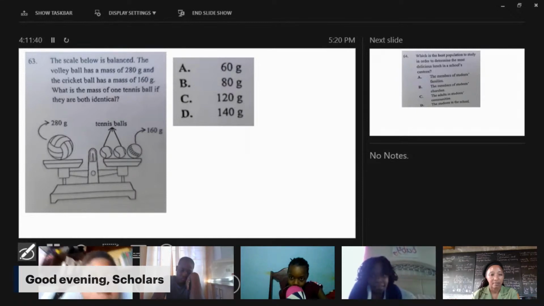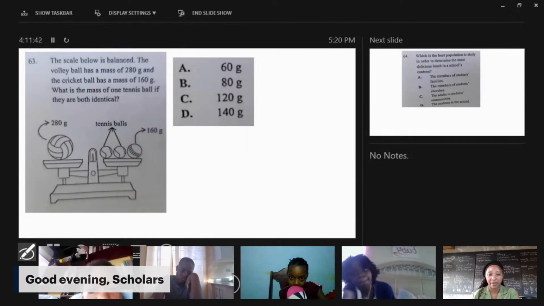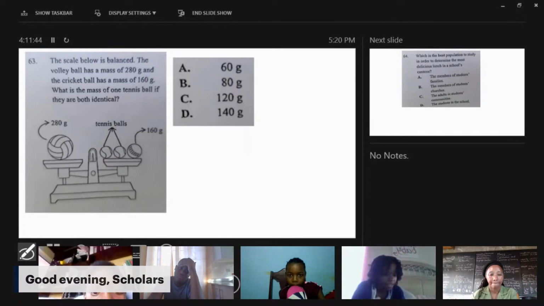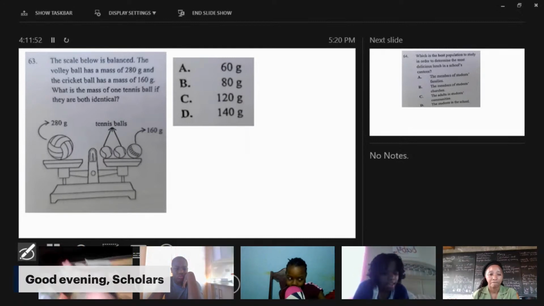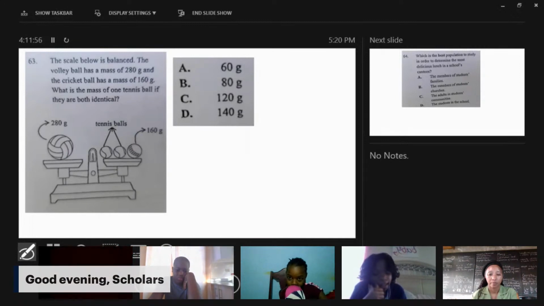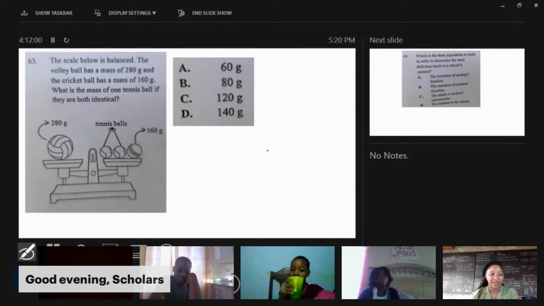A, 60 grams. Miss, can you please first repeat? So firstly, I minus the 160 from 280, and I got 120, and then I divided it by 2, and I got 60. Why did you subtract 160?